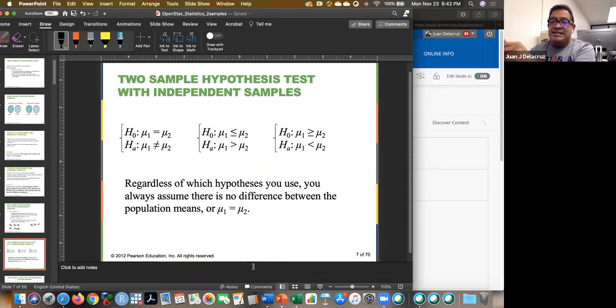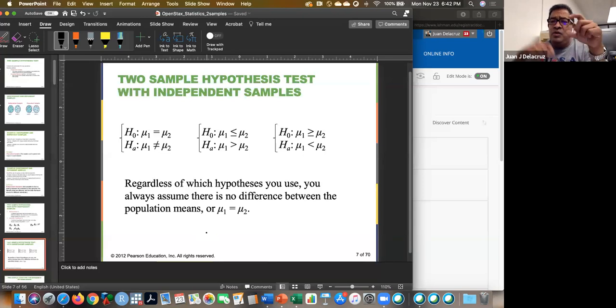But when I take the samples, it's very clear that my two means are different. So the observed difference, the difference in X bar 1 and X bar 2, is going to be some number, but the hypothesized difference is always 0. That's the reason we say mu1 minus mu2 is 0. You are going to see it more clearly when we look at the formula.